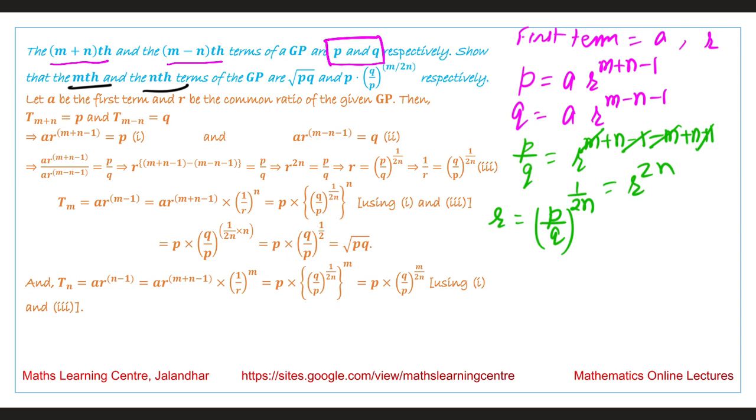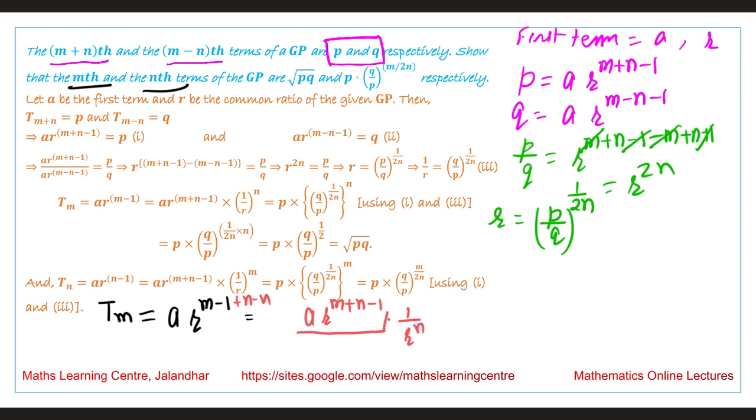When we are talking about the mth term, the answer we obtain is equal to AR raised to the power m minus 1. Now if we add and subtract n to it, we will obtain AR raised to the power m plus n minus 1 into 1 by R raised to the power n.